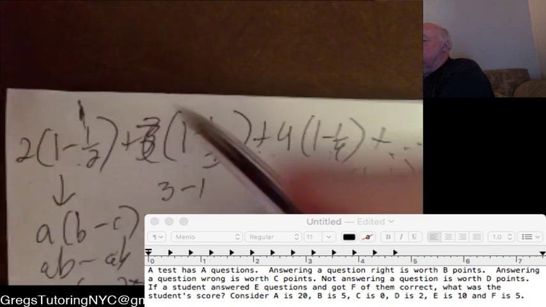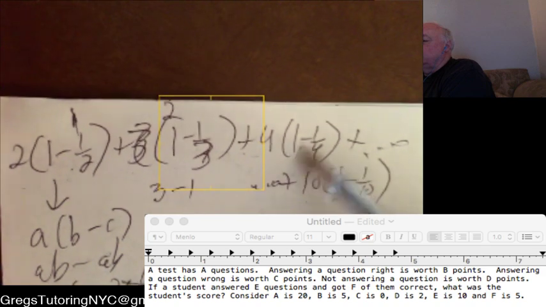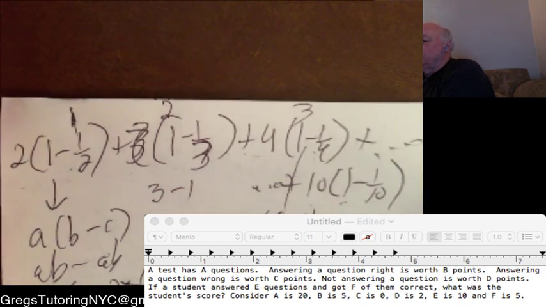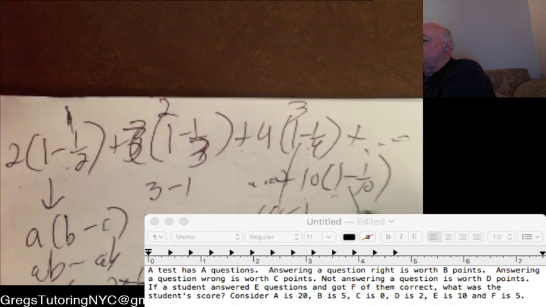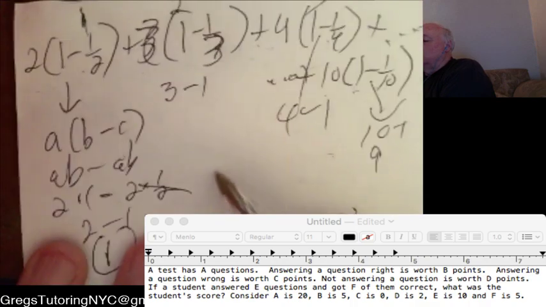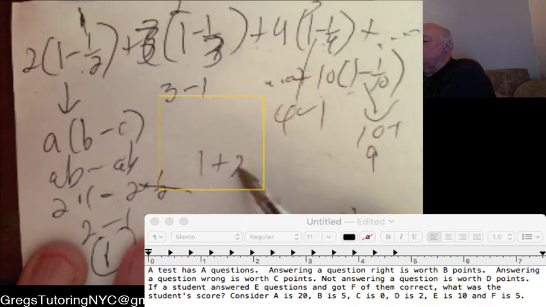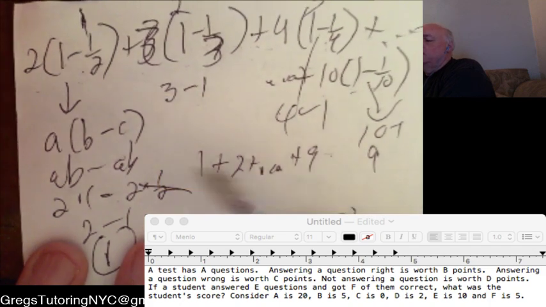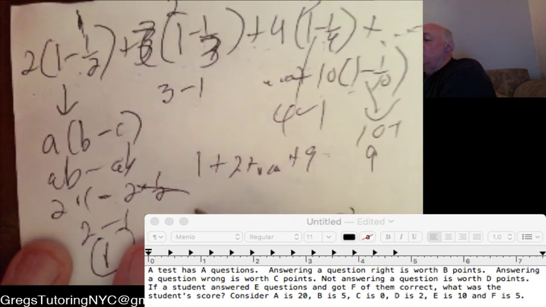So this becomes 2. This becomes 4 minus 1, so it becomes 3. So if we go up to 10, we're going to get 10 minus 1, or 9. So what we really end up with is 1 plus 2 plus ... plus 9. So does anybody know how to do that quickly? You could list it all out and do the addition.